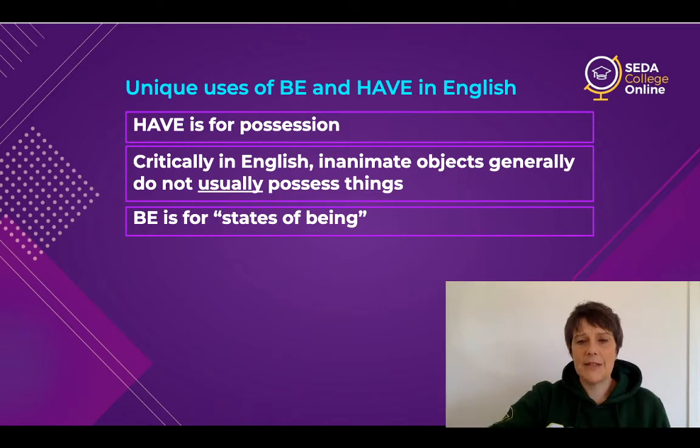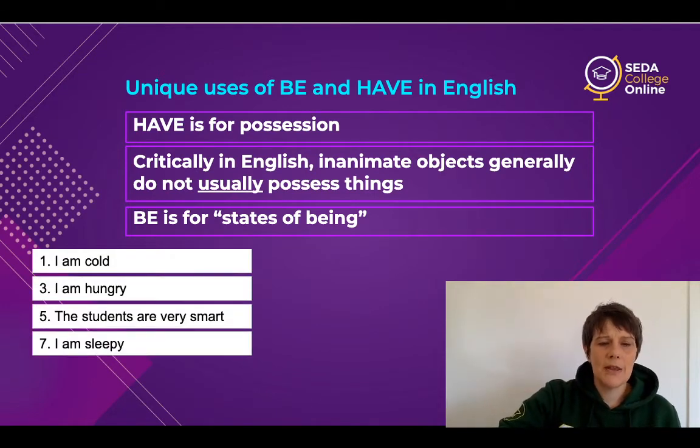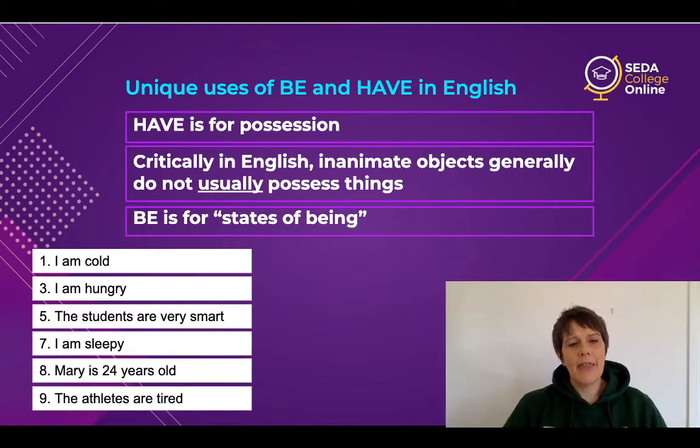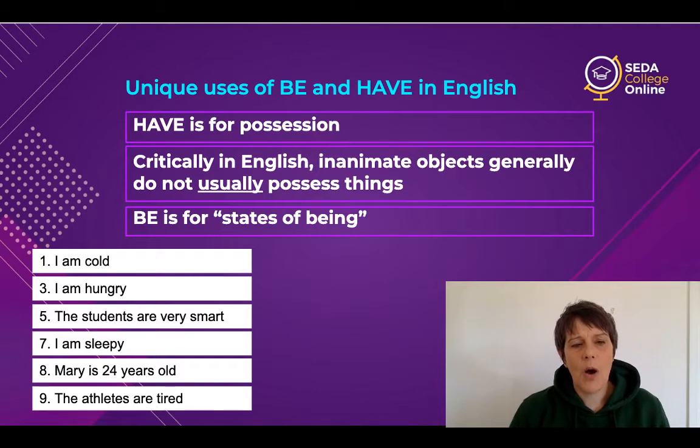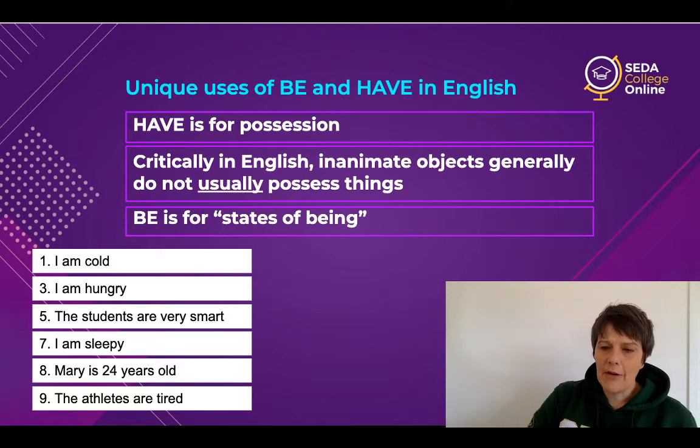So be is for a state of being. Here you can see I'm cold, I'm hungry, the students are smart, I'm sleepy, Mary is 24 and the athletes are tired. That all describes the way that you are. Cold, hungry, smart, sleepy, how old and how tired. Those are not have verbs, those are be verbs.